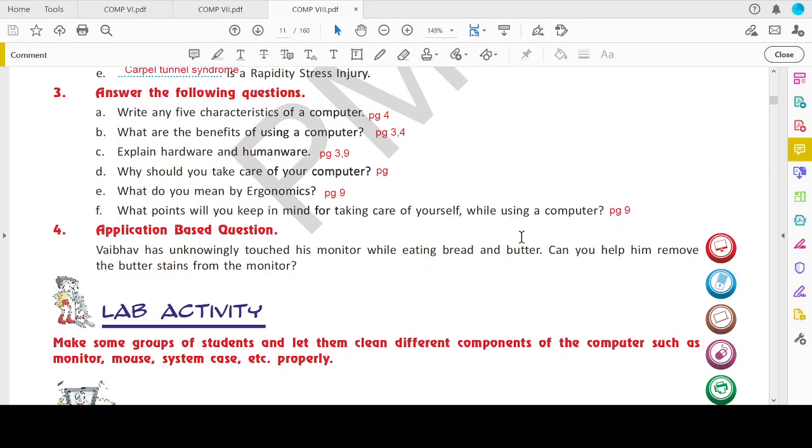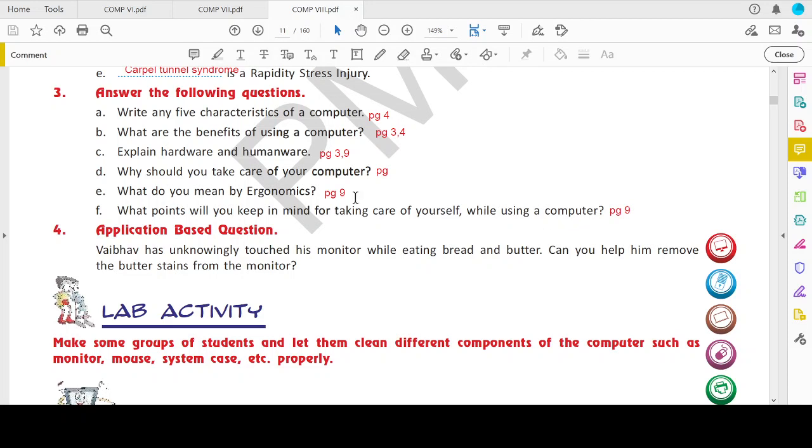You can have a desktop such that you can keep your wrist and palm straight. Move your mouse with your hands, not only with your palm. So you should keep this in your mind. Read page number 9, you will find the answer there.